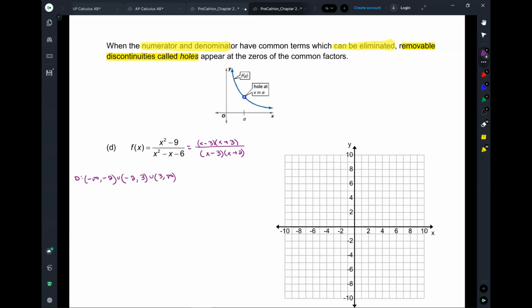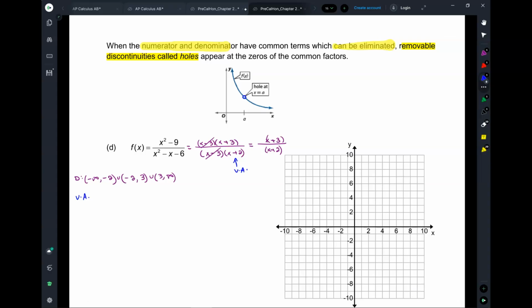Now, after this, let's take a look at which of these discontinuities is going to give us a vertical asymptote or a removable discontinuity. Because this cancels out, it ends up leaving us with x plus 3 over x plus 2. The term that gives us the vertical asymptote is this one. Same situation: that x plus 2 is not going anywhere.